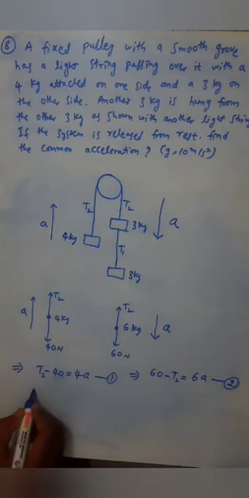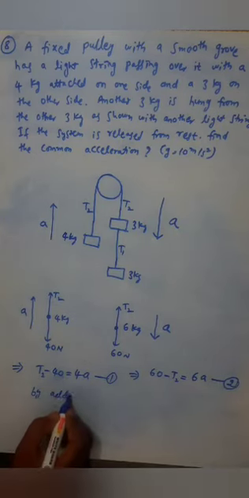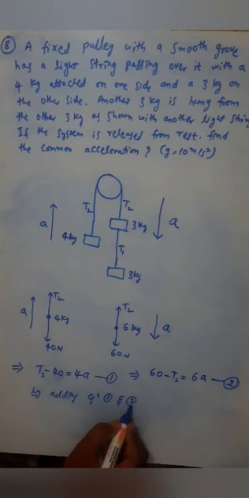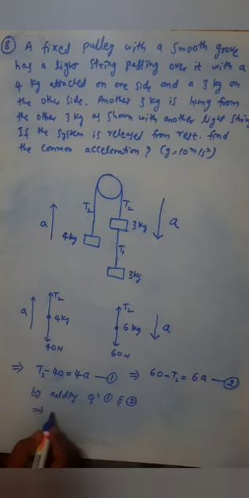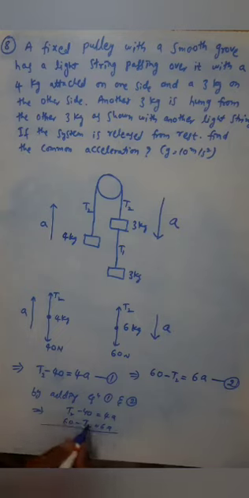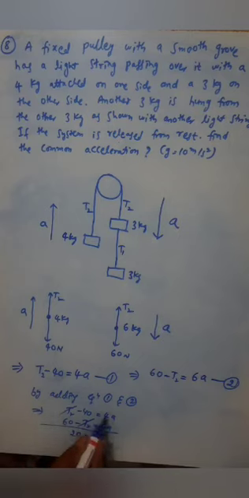By adding equations 1 and 2: T2 minus 40 is equal to 4a, and 60 minus T2 is equal to 6a. T2 cancels. 60 minus 40 is 20, which is equal to 6a plus 4a, 10a.